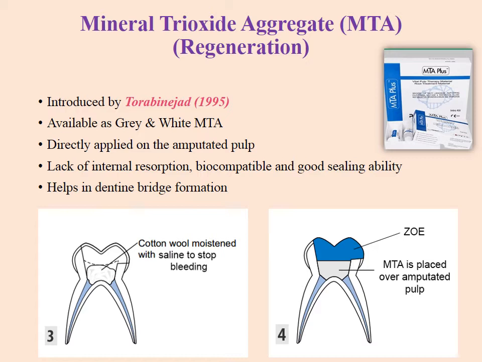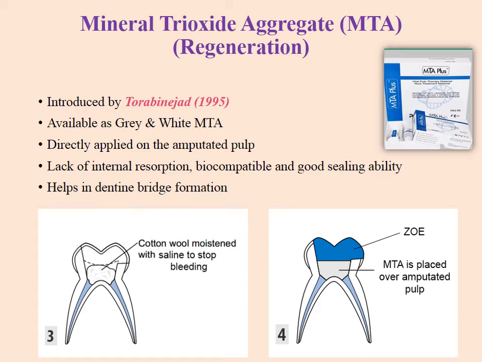There is a lack of internal resorption, it is biocompatible, and has a good sealing ability. So the advantage of mineral trioxide aggregate is that it does not cause internal resorption, is biocompatible and has good sealing ability. It helps in dentine bridge formation.